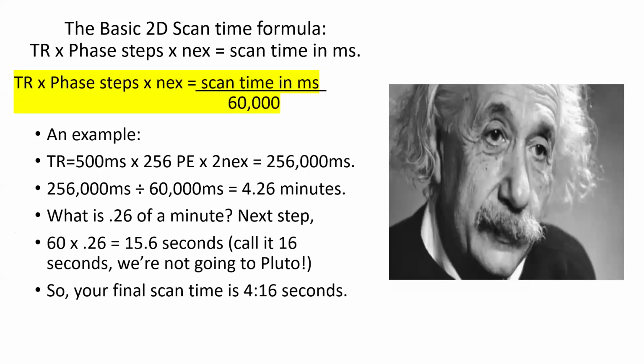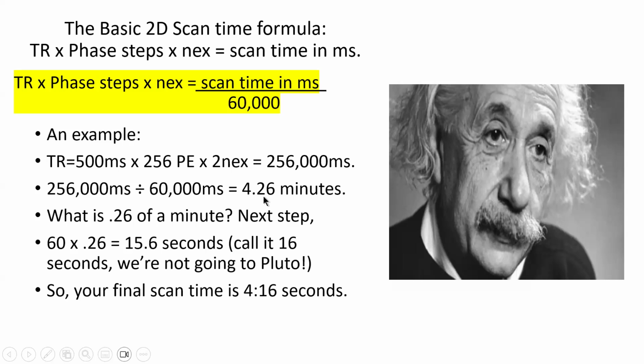Okay, so let's do this example. In this T1 weighted sequence, TR is 500, your phase encodings is 256, and you're going to do 2 NEX. That comes out to 256,000 milliseconds. Now divide that 256,000 by 60,000.